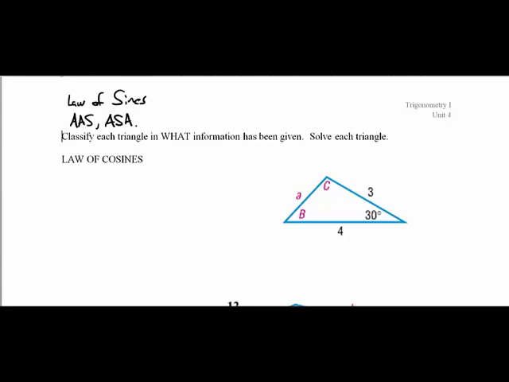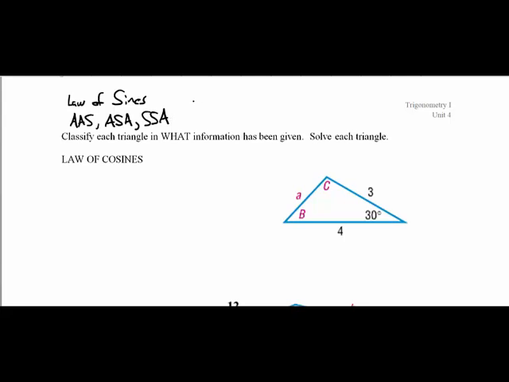These were easy cases. Where things got a little difficult is when we had the side-side-angle situation, where one angle was across from one of the given sides, and that sometimes had either an ambiguous case where there were two possibilities, or there was one solution, or there was no solution.